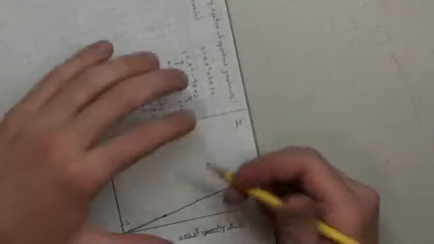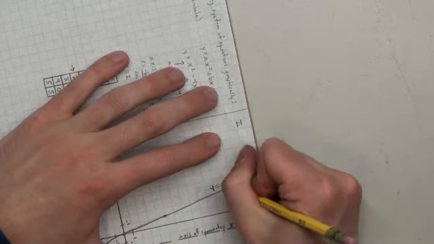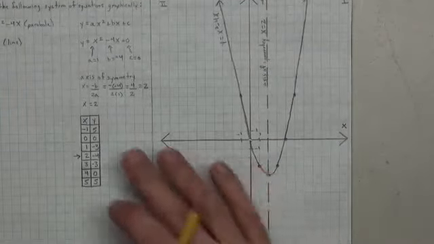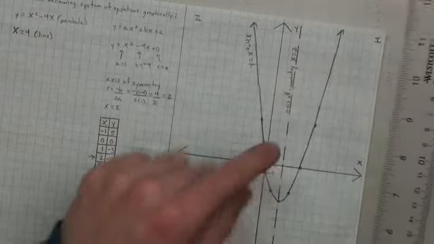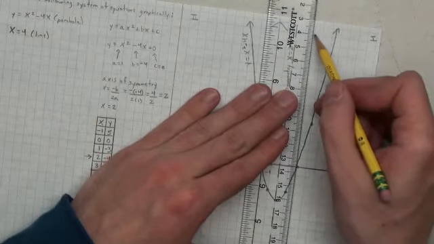Alright, so I'm going to write the equation on there. Y equals x squared minus 4x. Draw my line. My line is just a vertical line that goes through 4 on the x-axis. So we're only going to have one point of intersection here.